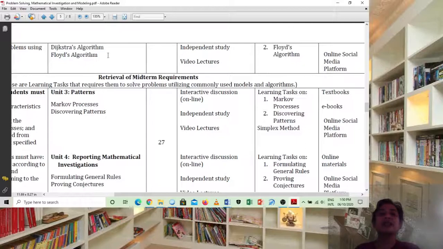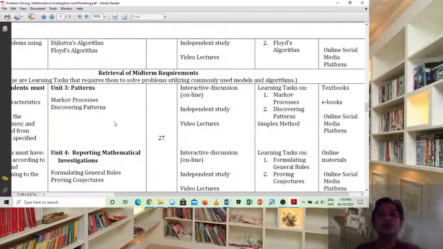We call them Dijkstra's algorithm and Floyd's algorithm. Both algorithms are used to find shortest routes from one place to another place in the network. We'll understand these 2 algorithms when we get there.